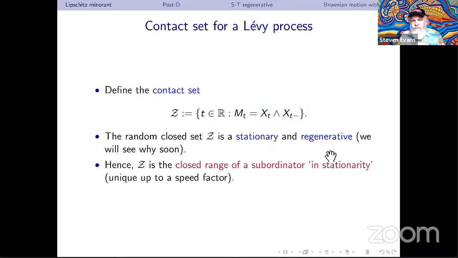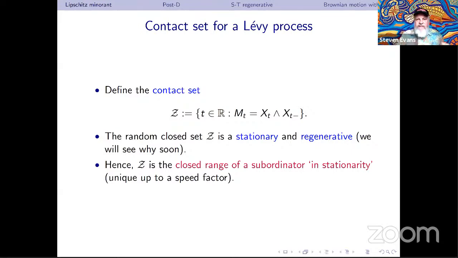And so a fundamental fact in this business is that Z is going to be the closed range of a subordinator, and of course we think normally of a subordinator as just a subset of the non-negative reals. And so we've taken such a set and made it stationary.